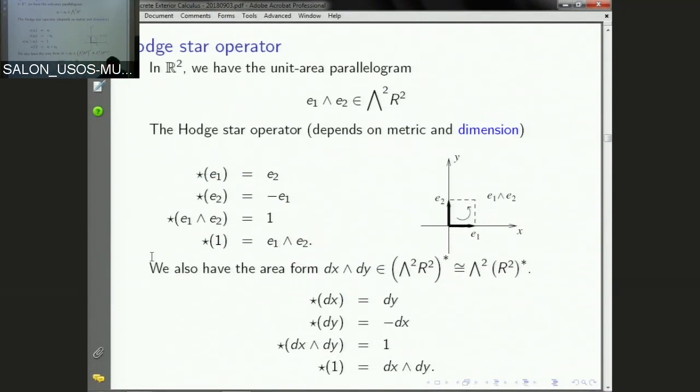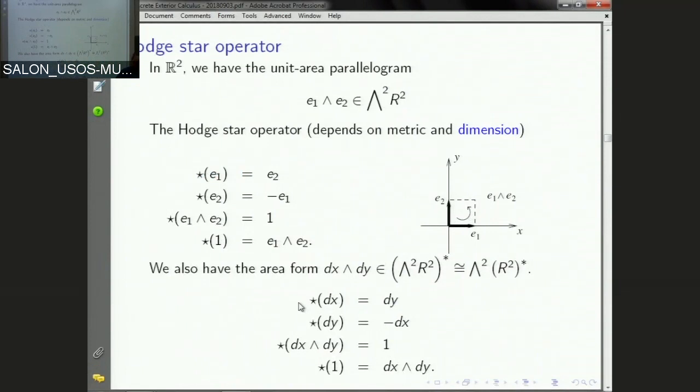Okay? Now, for differential forms, one can define it in various ways. Let's say we can do it by analogy. dx asks for the length of the projection of a vector on the direction of the x-axis.